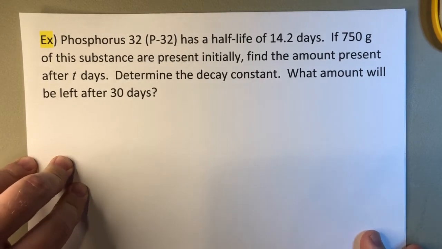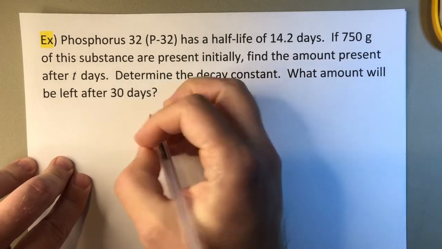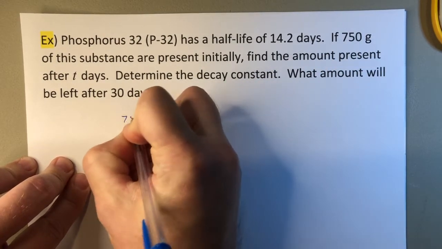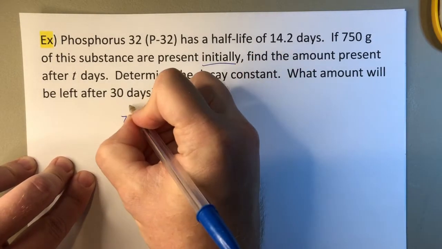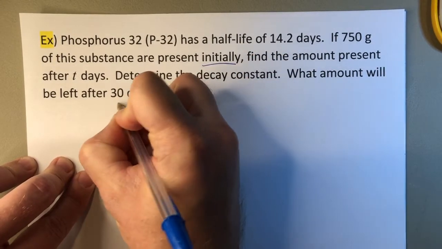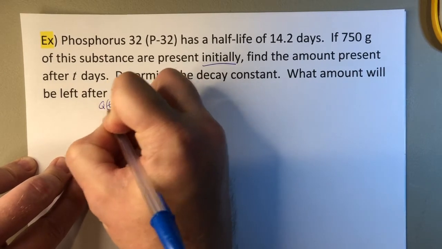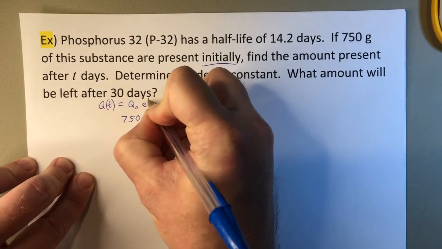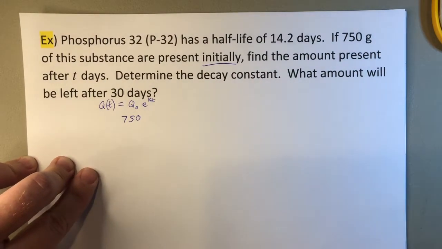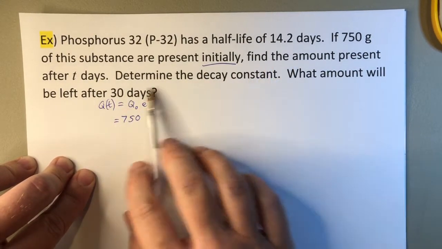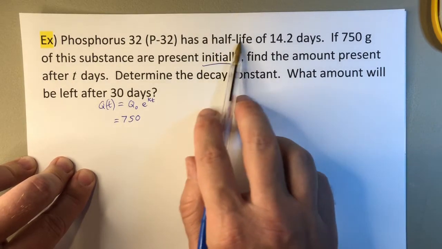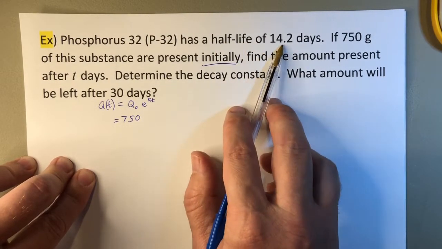All right, so first thing is, let's set up an equation so we can solve for our decay constant k. All right, so we have 750 grams of this substance present initially. That's going to be our Q sub 0. And then it says it has a half-life of 14.2 days.